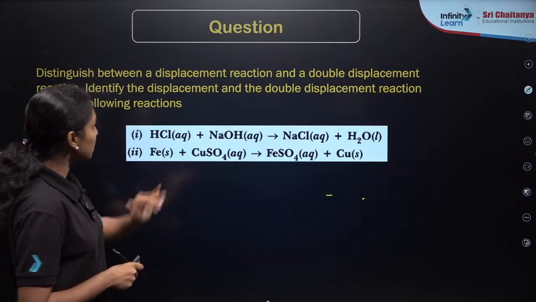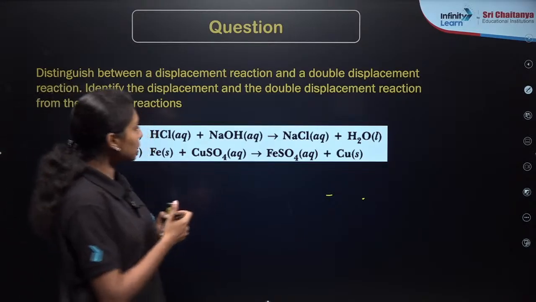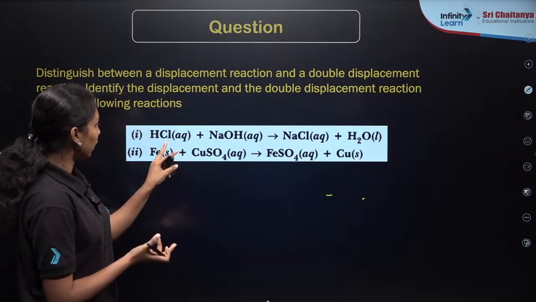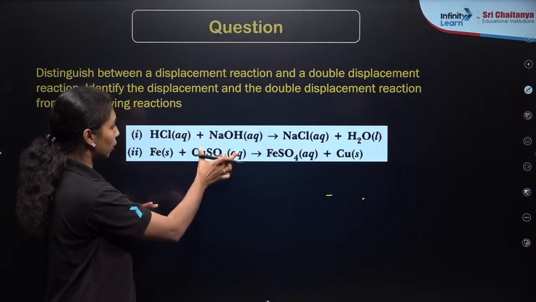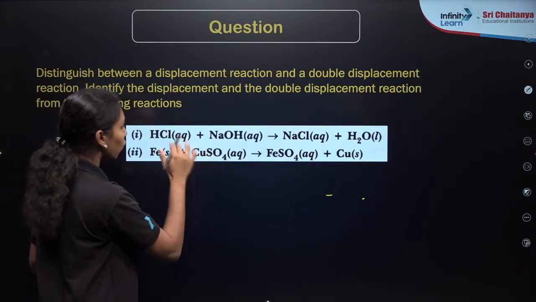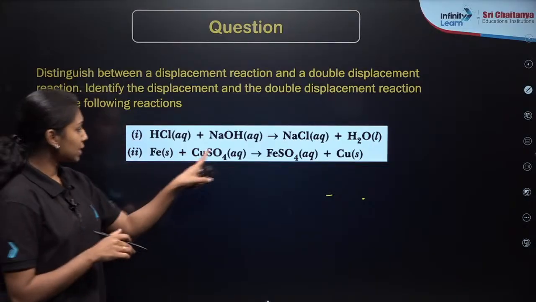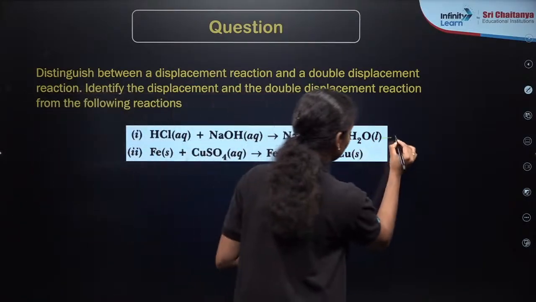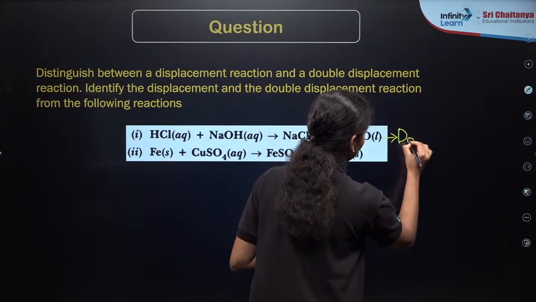First one is the double displacement reaction. Double displacement reaction means we are just interchanging the ions over here. HCl will be treating with sodium hydroxide to form sodium chloride and water, which means we are just interchanging the ions, or displacing the two metals over here. So this is a double displacement reaction. First one is a double displacement.